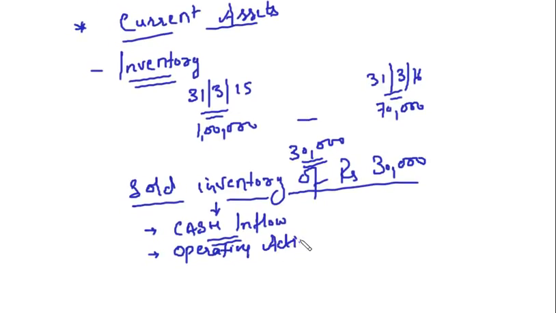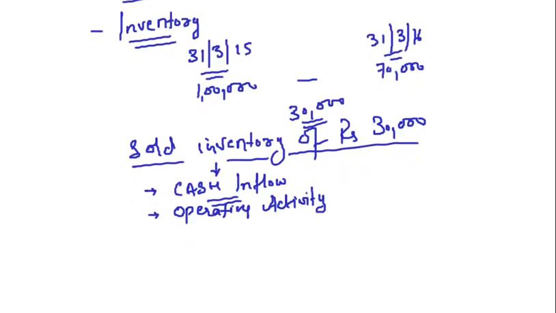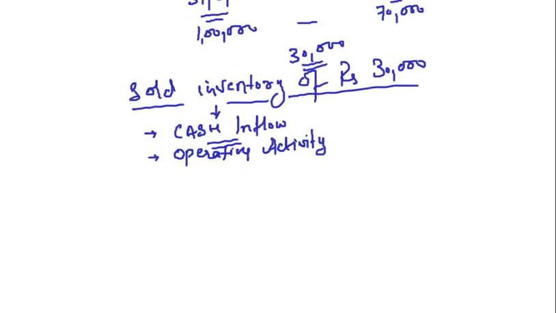Now, if we talk from the cash flow point of view, your inventory is decreasing. Your current asset is decreasing. That means there is a rotation of current asset. You have sold your current assets to some extent. That involves cash inflow.